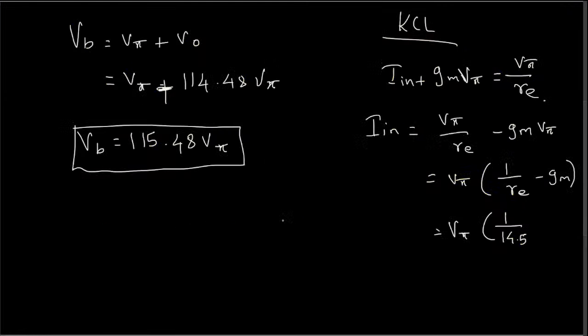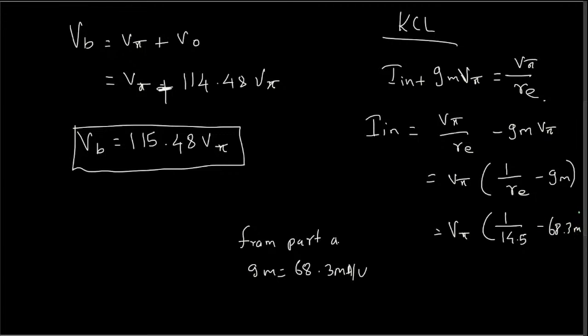From part A, GM is equal to 68.3 milliampere per volt. So plug that in, minus 68.3 milli.